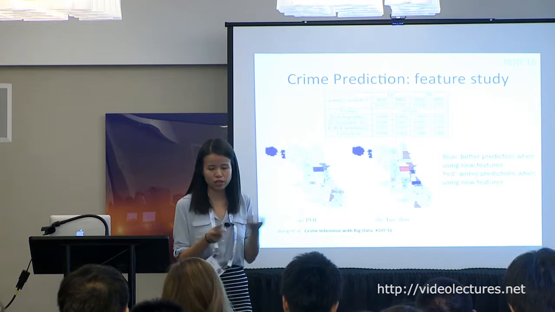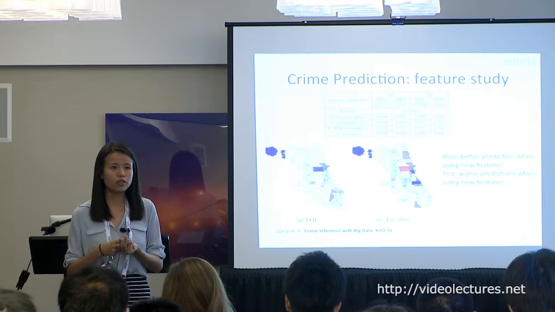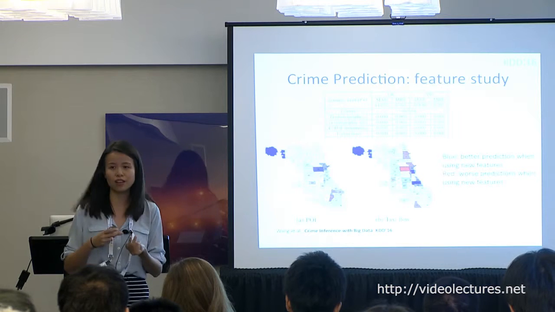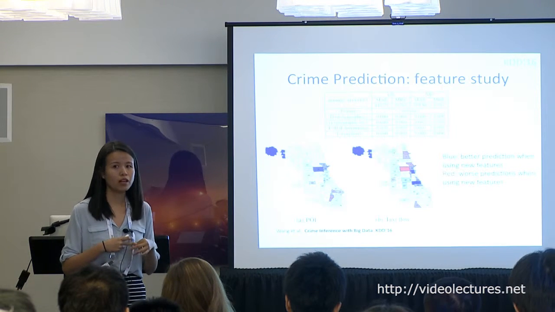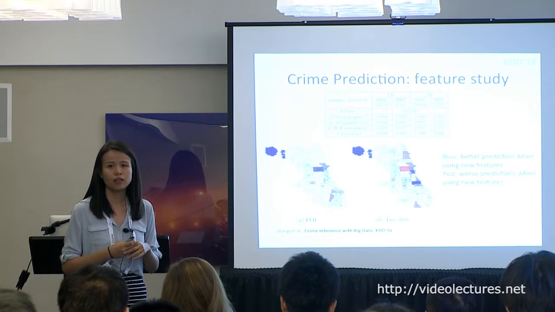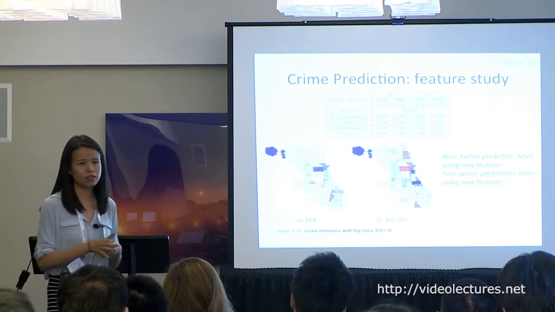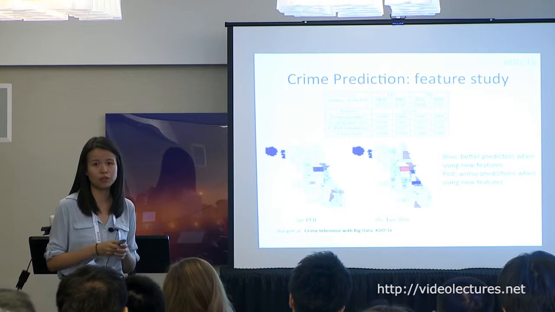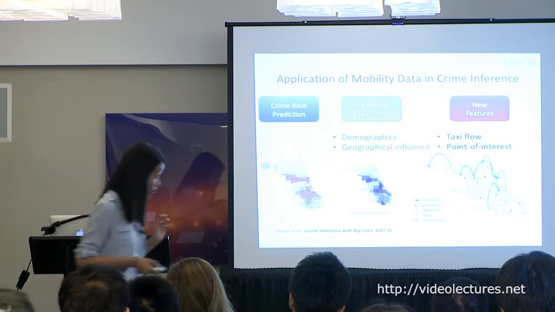So if you use the demographic information or the geographic influence, you're going to say the airport neighborhood has very low crime, but actually it's not. The airport area actually has quite high crime, because on one side it's a big transit center, and on the other side it has very frequent commutes. So that's one type of data we use, the point of interest data.